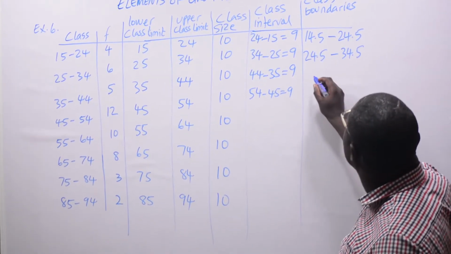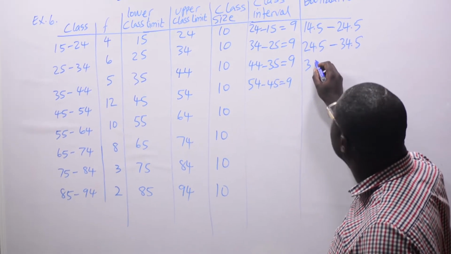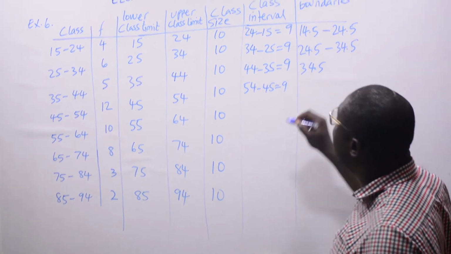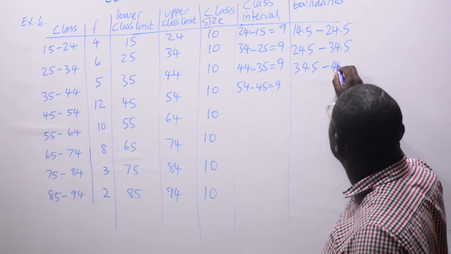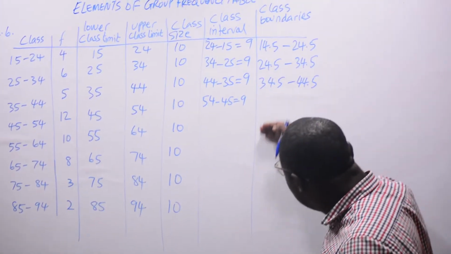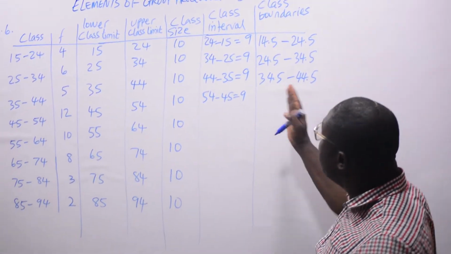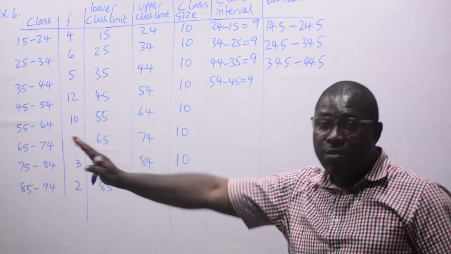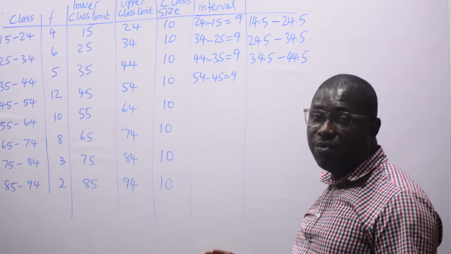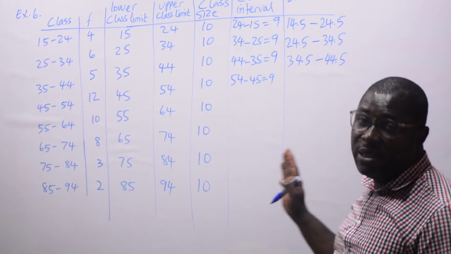Now the next class is 35, so that gives 34.5 to 44.5. So we do this through all the classes. We deduct 0.5 from the lower class limit of each class and add 0.5 to the upper class limit.